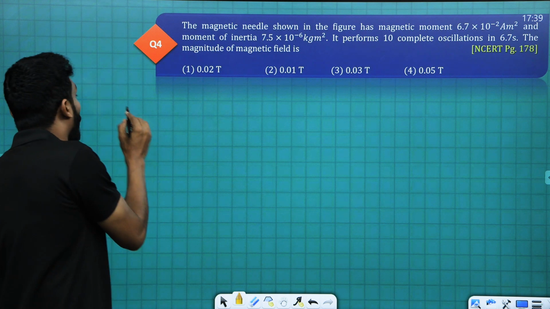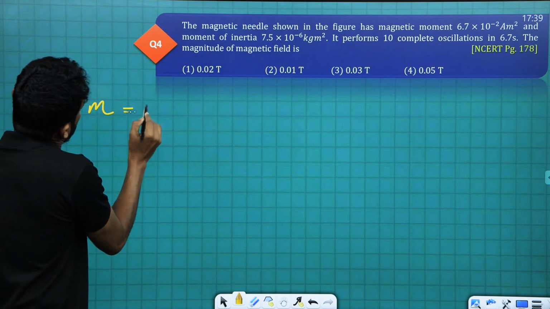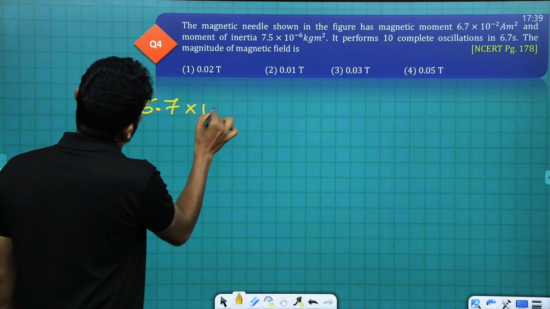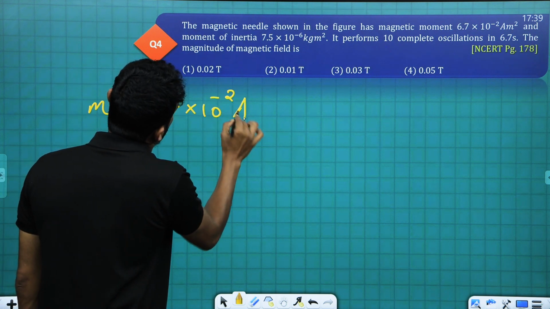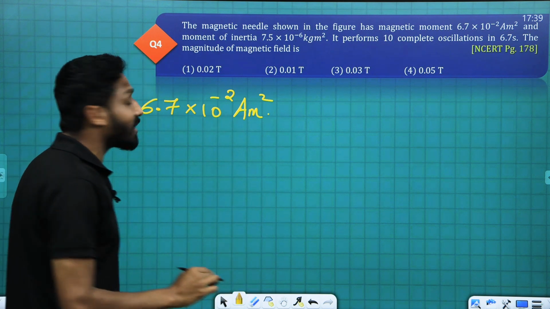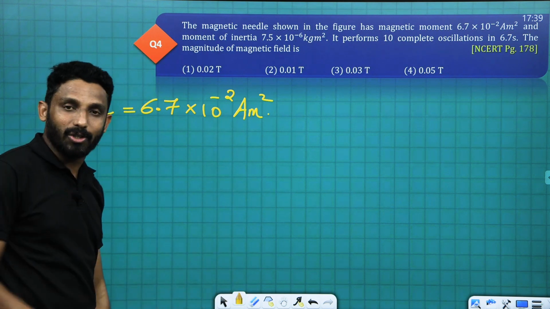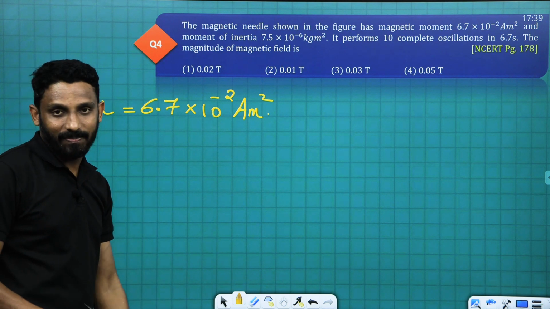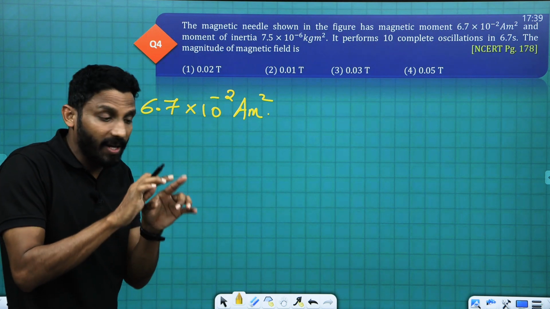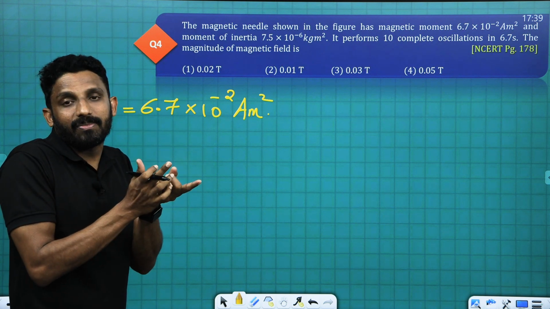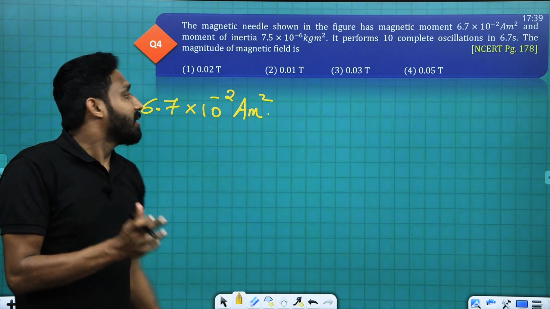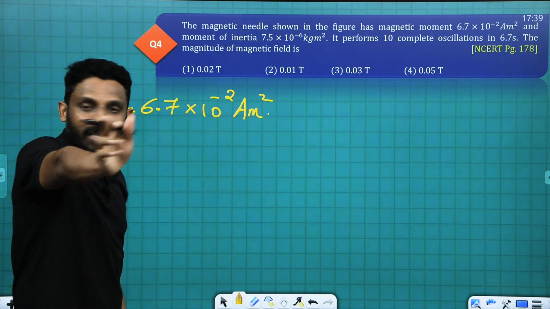The magnetic dipole moment has SI unit of ampere meter square. We have studied the magnetic dipole moment of a current carrying loop as IA, current into area. So ampere meter square is the SI unit.